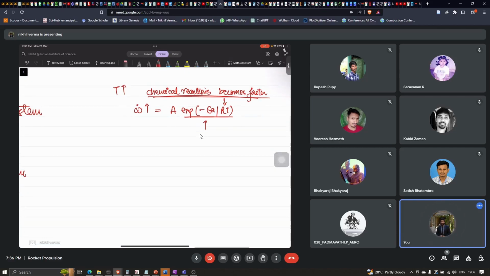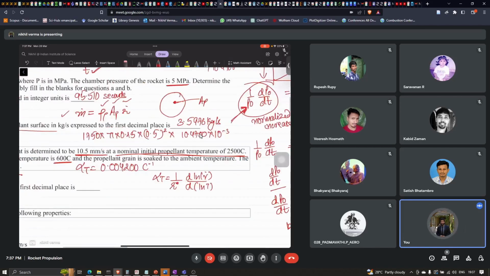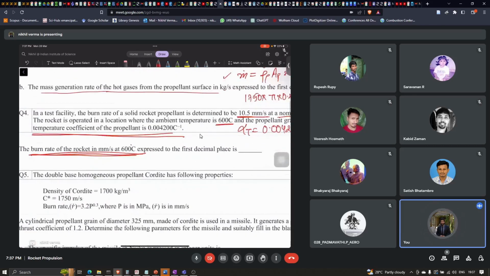The reaction rate dependence on temperature is given by the temperature coefficient.